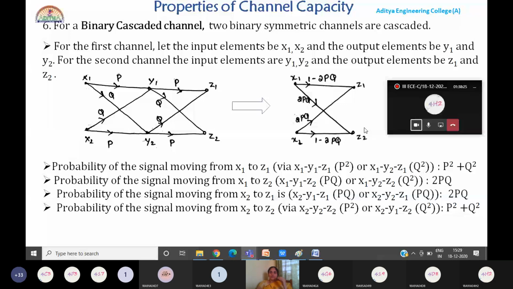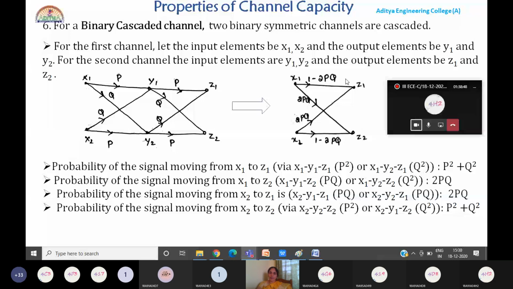To represent the equivalent form of the binary cascaded channel whose inputs are x1, x2 and outputs are z1, z2, now we need to represent the probability matrix. In order to represent the probability matrix, you need the probabilities of the corresponding 4 elements.